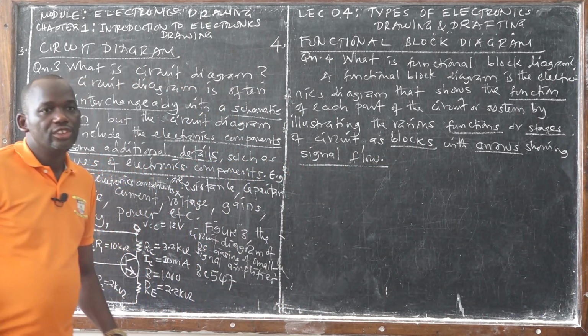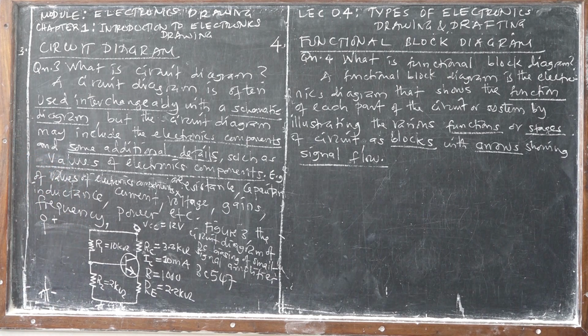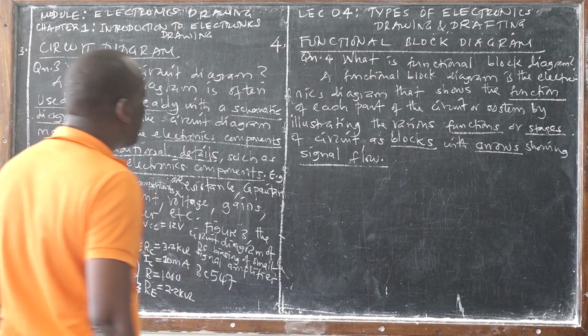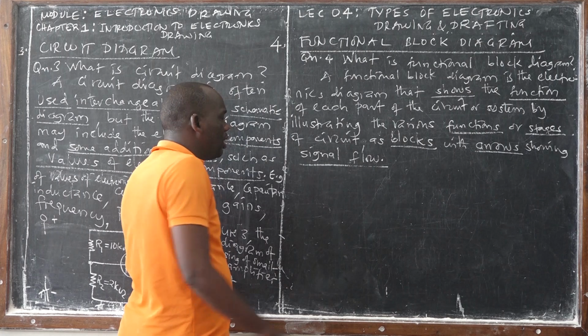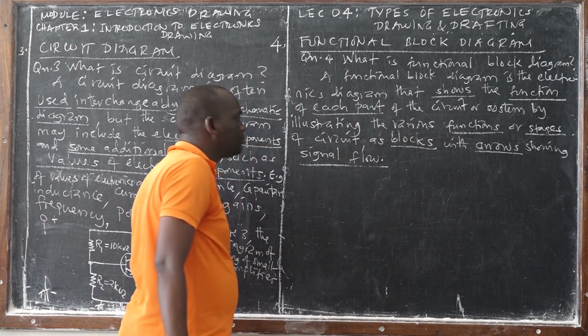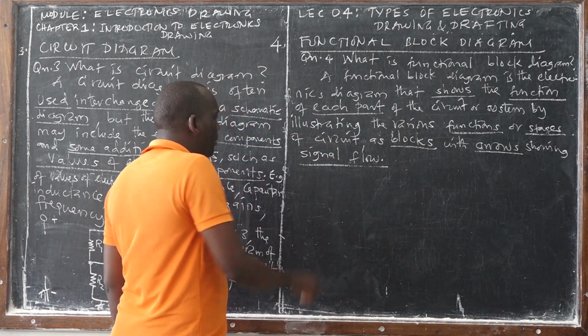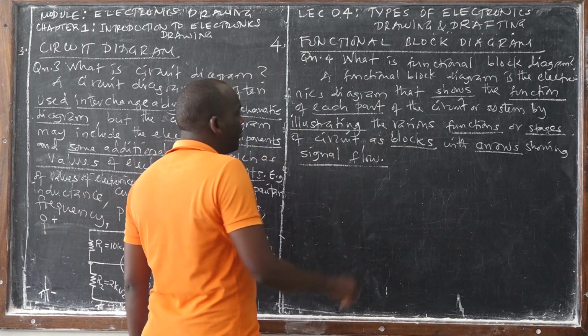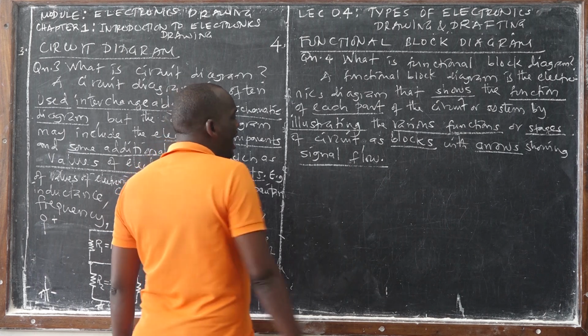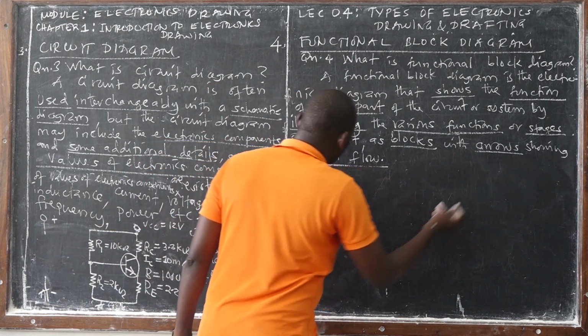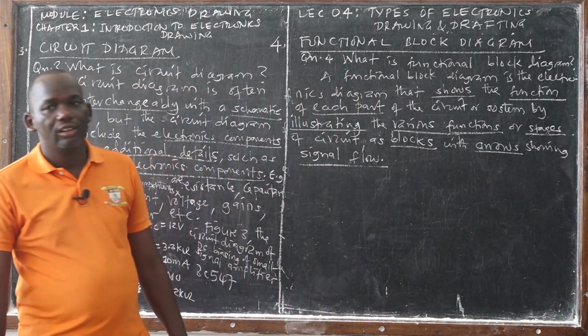Say again: a functional block diagram is the type of electronics diagram that shows the function of each part of the circuit or system by illustrating various functions or stages of the circuit as blocks with arrows showing the signal flow.